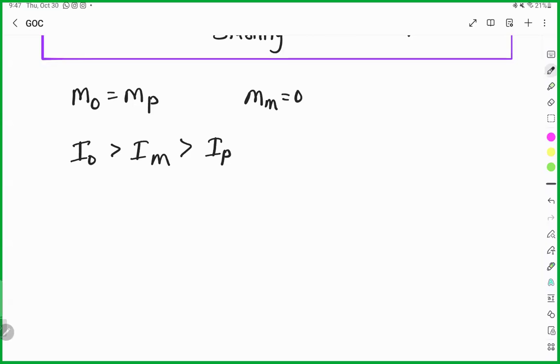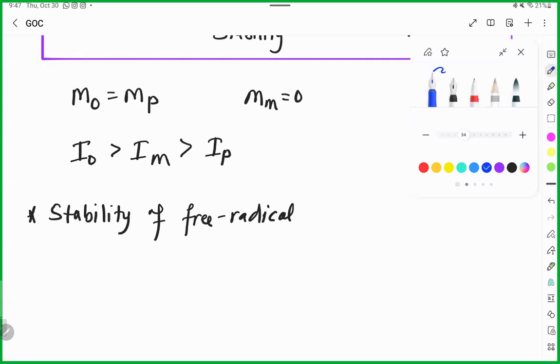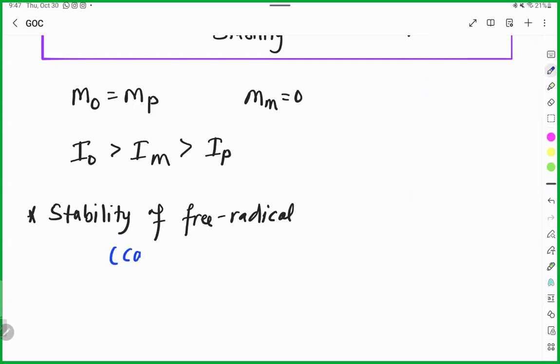Okay. What else did we leave? Free radical, bond dissociation. Free radical stability is the same thing. If you consider the stability of free radical, it is the same way you see the carbocation. Just remember, it is almost the same as carbocation. In carbocation, tertiary carbocation is more stable, then secondary, then primary.